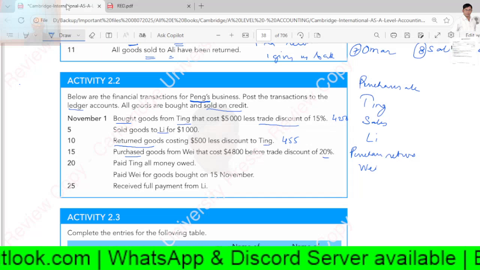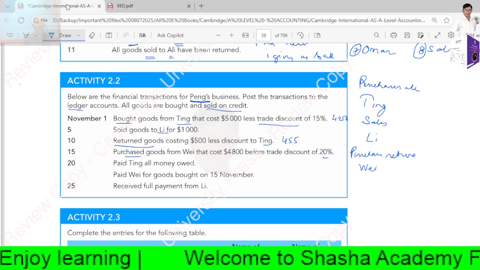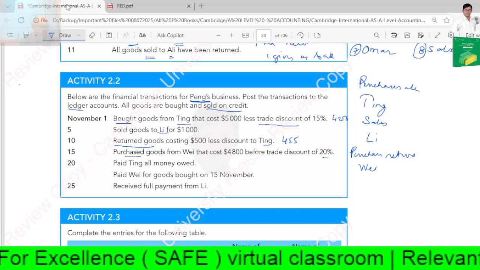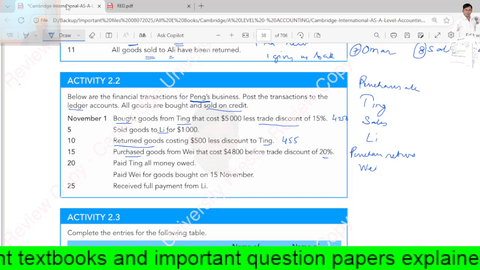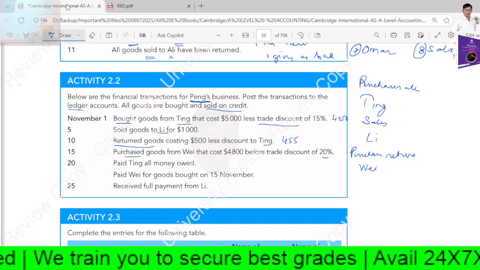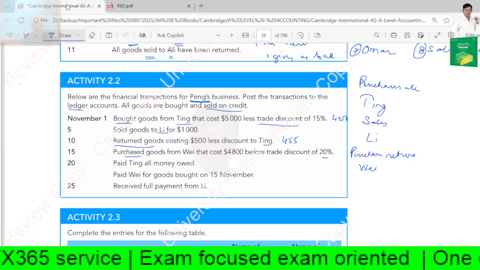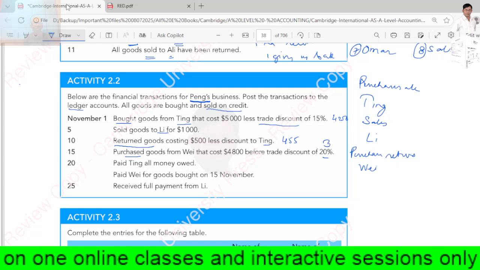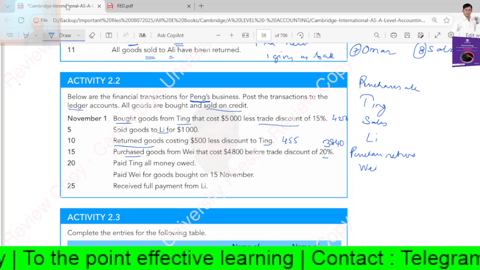This should be recorded at 4,800 minus 20%, which is $3,840. So you have to record it at 3,840.